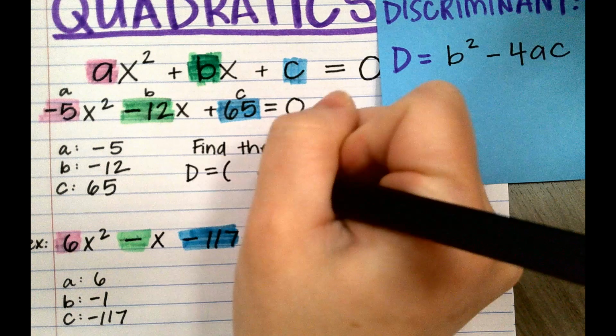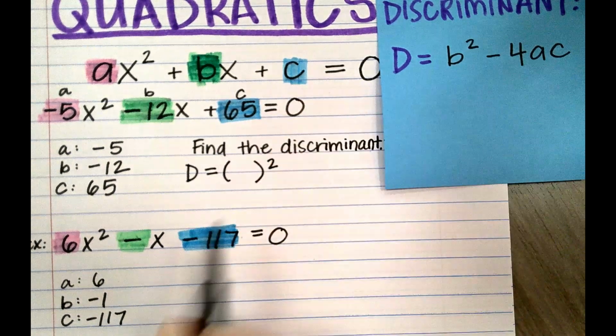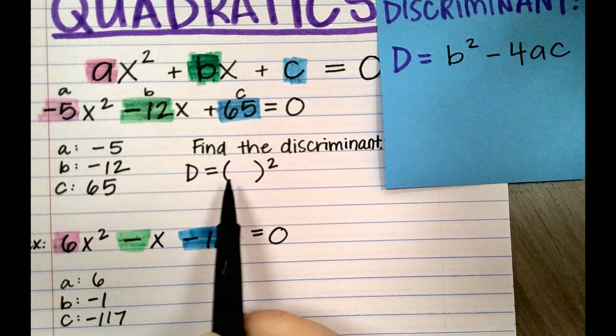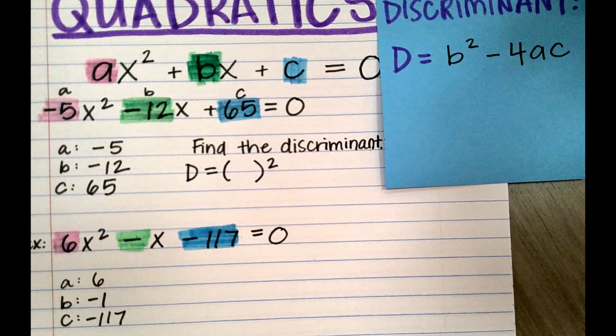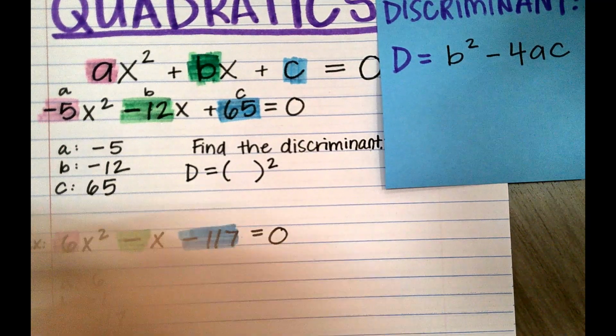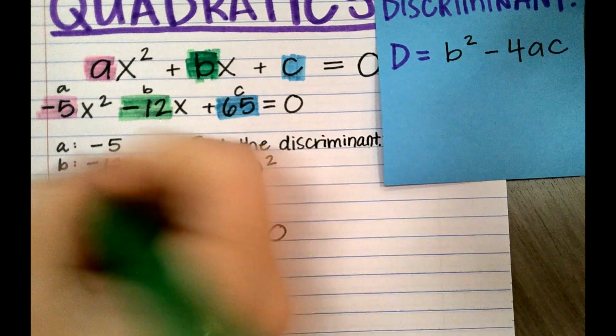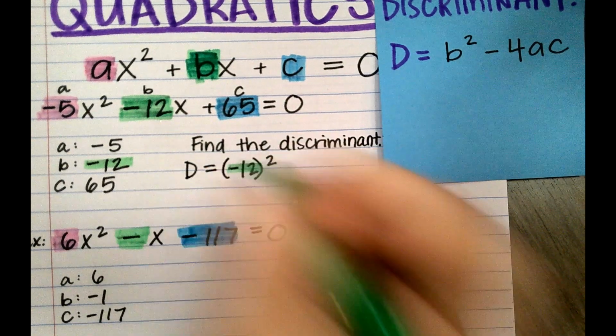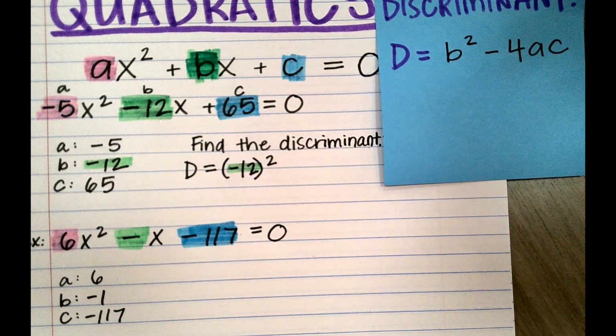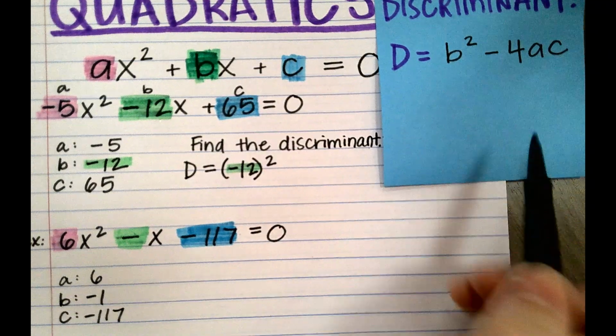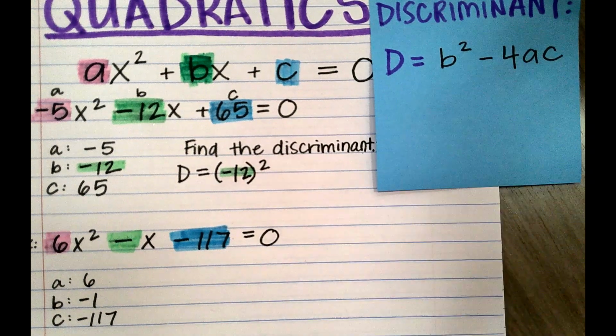So here's B squared. What number am I putting in for B? Negative 12. And that's my B. The next part of my formula says minus 4.